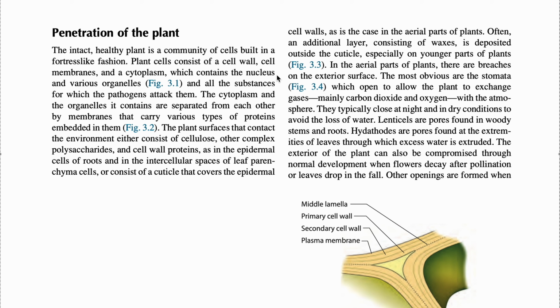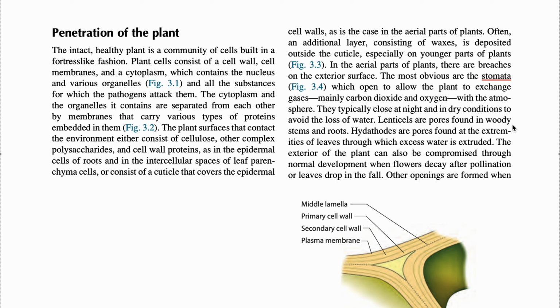What is the best way for the pathogen to penetrate? In the aerial parts of plants, there are breaches on the exterior surface. What are the breaches? The most obvious are the stomata. We have all heard of stomata, right? They open to allow the plant to exchange gases. Some pathogens enter through stomata.